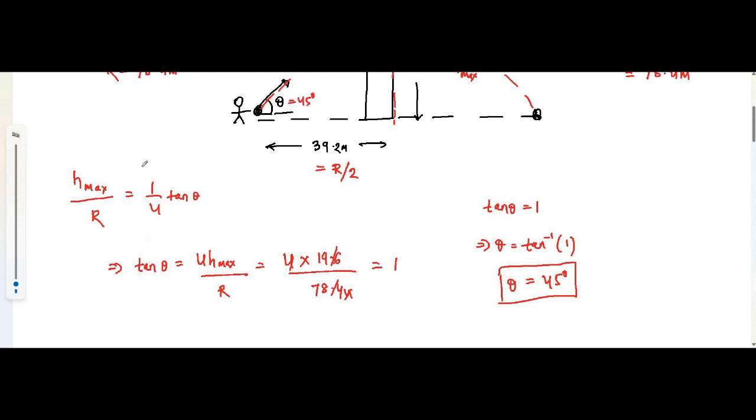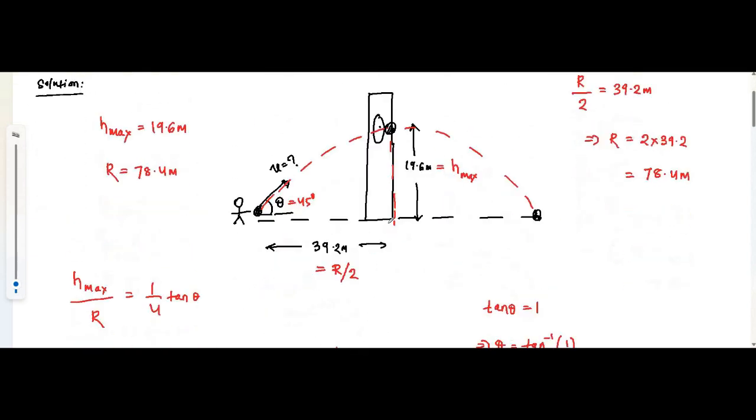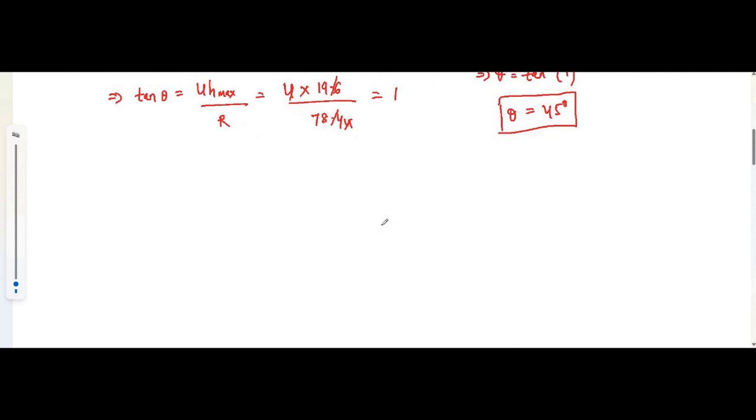Now we can use any of the formulas, be it for horizontal range or maximum height, to determine the initial velocity of projection. So let's go with horizontal range first. We know horizontal range is equal to u square sine 2 theta by g.